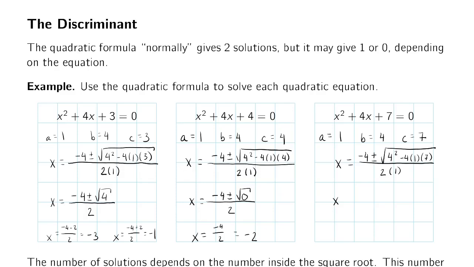But that is x equals negative 4 plus or minus the square root of, the stuff inside that square root works out to negative 12, all over 2. And negative 12 doesn't have a real number square root. So as long as I'm thinking about only real numbers, this has no solution.